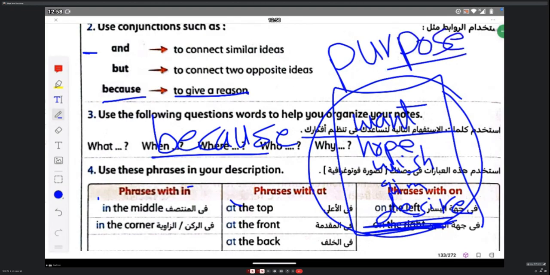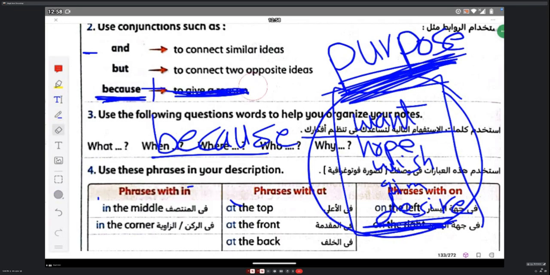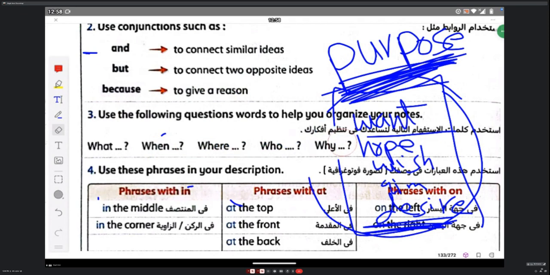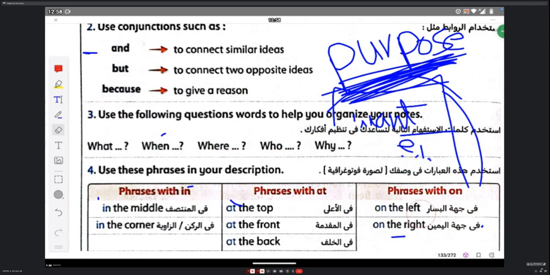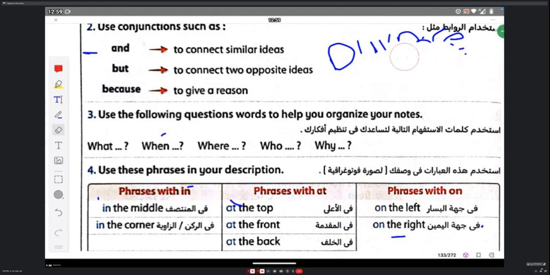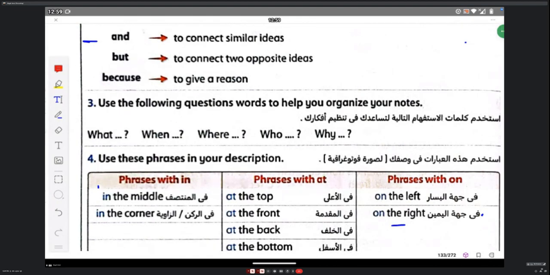Purpose الغرض مش السبب. Sometimes the purpose is the second action, يعني الحدث الثاني مش الحدث الأول. But because for reason, the first action comes after it, the reason. So there is a difference between because for purpose and because for reason. I don't think you can find it in any book.